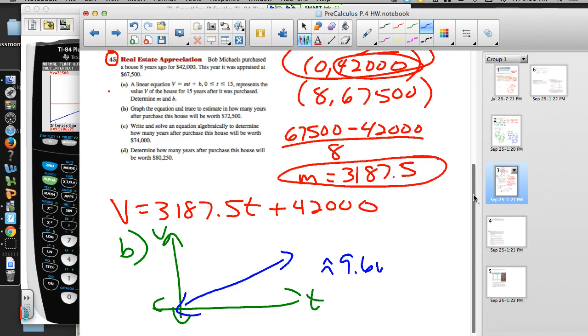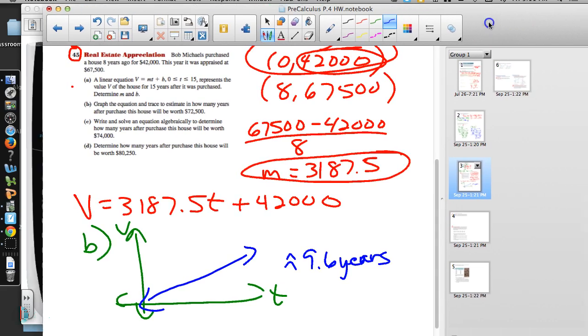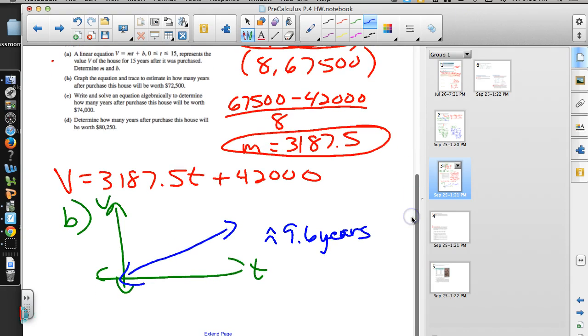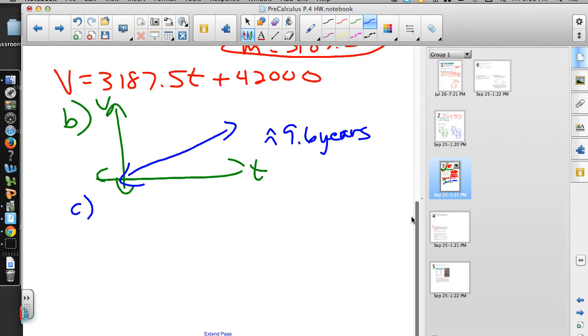Approximately 9.6 years after the purchase was when we had $72,500. All right, C. Write and solve an equation algebraically to determine how many years after purchase this house would be worth $74,000. Well, we were pretty close to that already, but let's go ahead and do it basically the faster way, especially with this calculator that I have on the smart board.